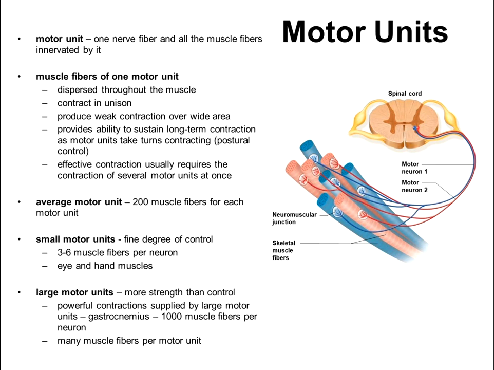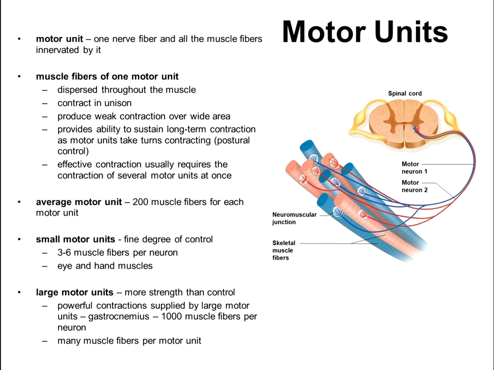Muscle fibers of one motor unit are dispersed throughout the muscle, all contract in unison, produce a weak contraction over a wide area, provide the ability to sustain long-term contraction as motor units take turns contracting, and work effectively to produce a contraction that usually requires the contraction of several motor units at once.